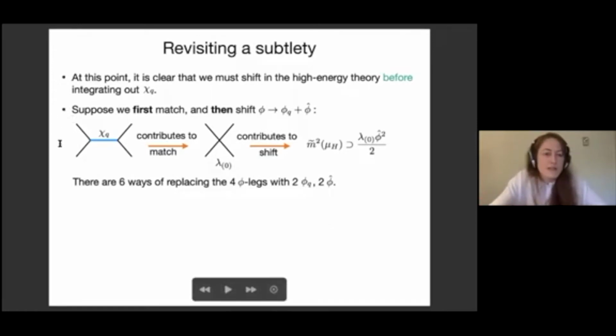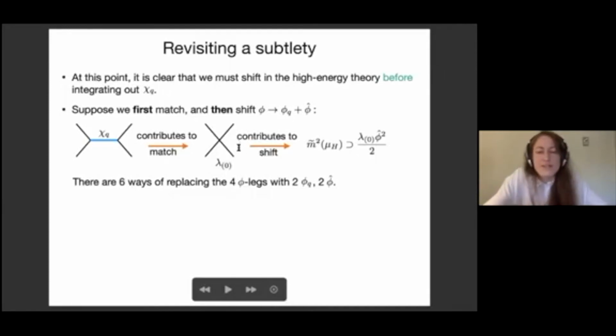Then I would start with this graph that I wrote on the previous slide, which we know contributes in the matching to the EFT, contributes to this phi to the 4th coupling in the EFT. Let's call it lambda 0. It's not lambda twiddle because we haven't shifted yet.